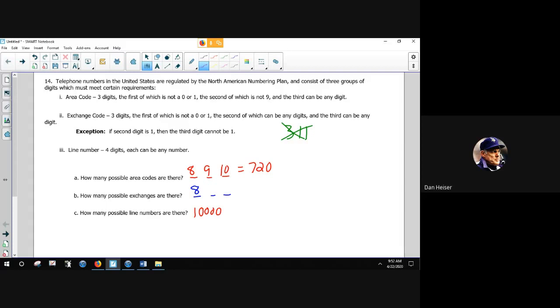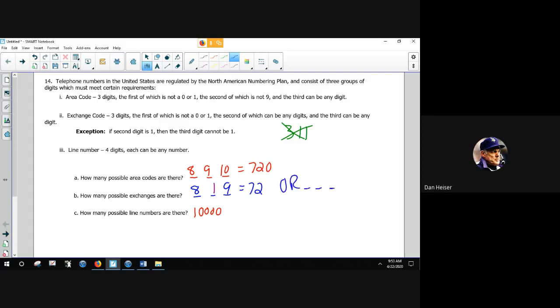So let's pretend for a moment the second digit is 1. Means I have 1 choice. Third digit cannot be 1. Second digit is 1, the third digit cannot be 1, so it leaves me 9 choices. There are 72 possibilities there.